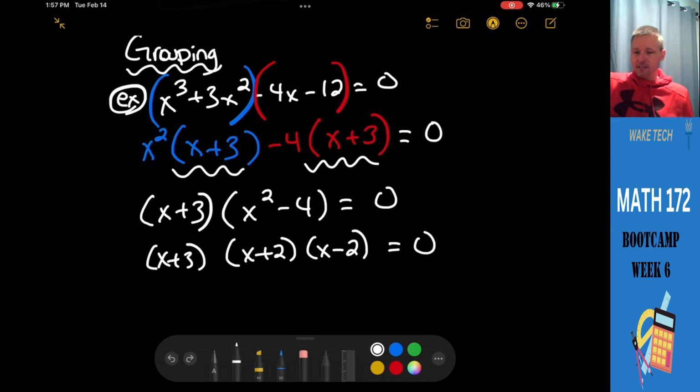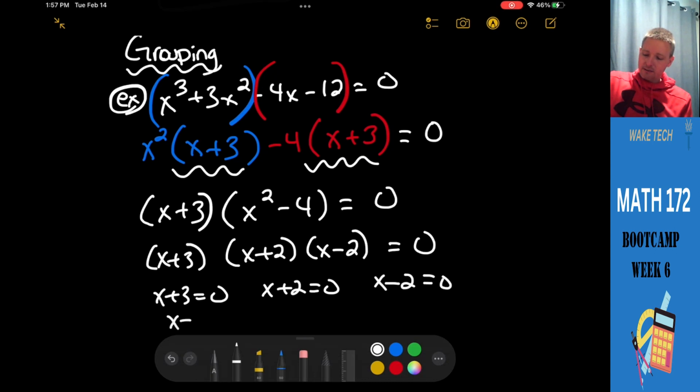Again, if we're interested in solving the equation, what we would do is take each factor and set it equal to 0 to get x equals -3, x equals -2, and x equals 2.